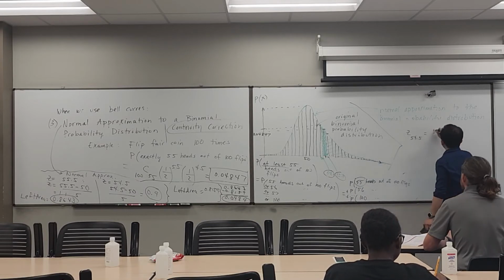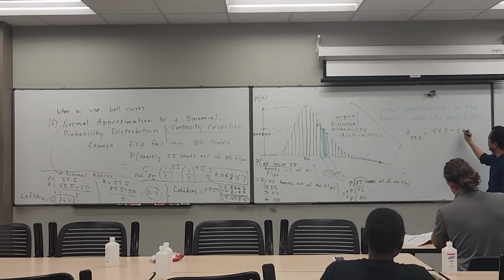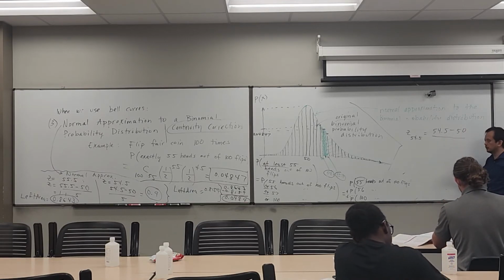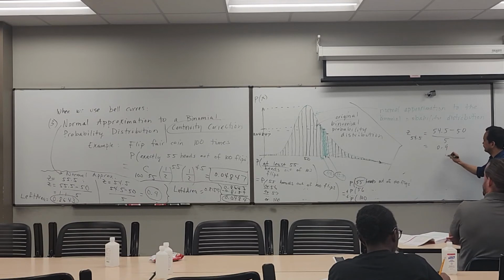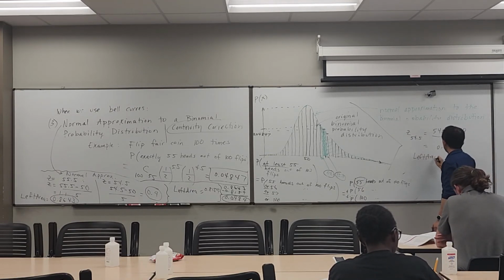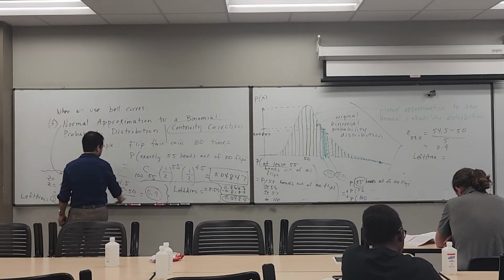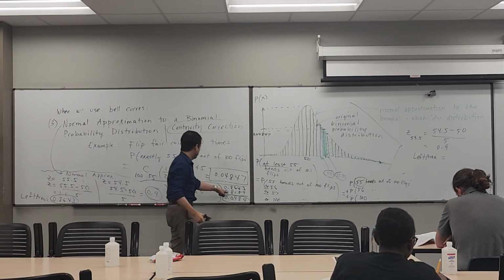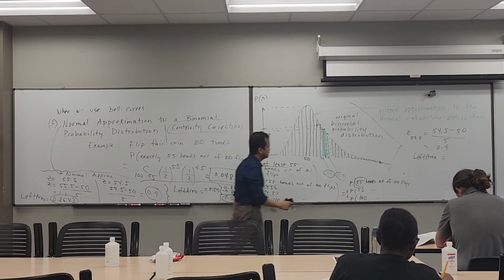That's going to be 54.5 minus the mean, which we said before was 50, divided by the standard deviation, which we said before was 5. And that z-score will be 0.9. And the left area of a z-score of 0.9, we already looked that up before. That was 0.8159.